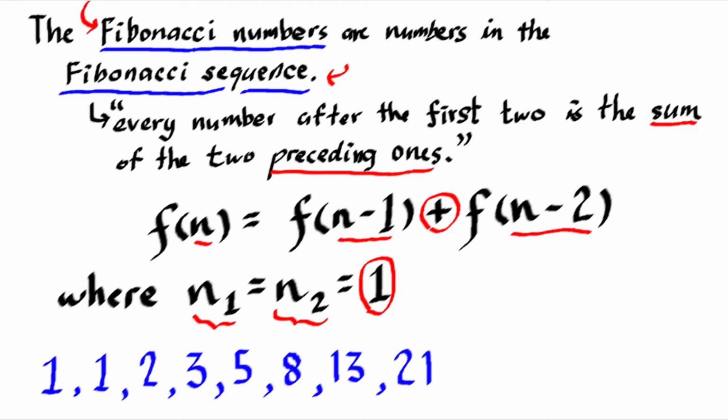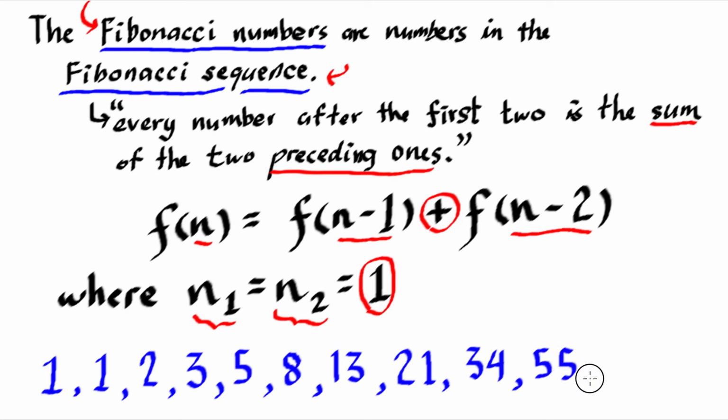Okay, let's continue even further. 21, we're going to add 13 with that. So what number do we have? 34. Okay, then let's continue. 21 plus 34 to get the next one. We have 55.